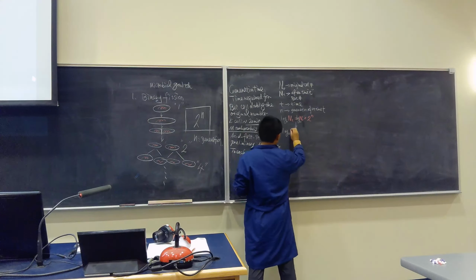N is going to be right here. So n becomes log 10 Nt minus log 10 N0 and divided by log 10 2.